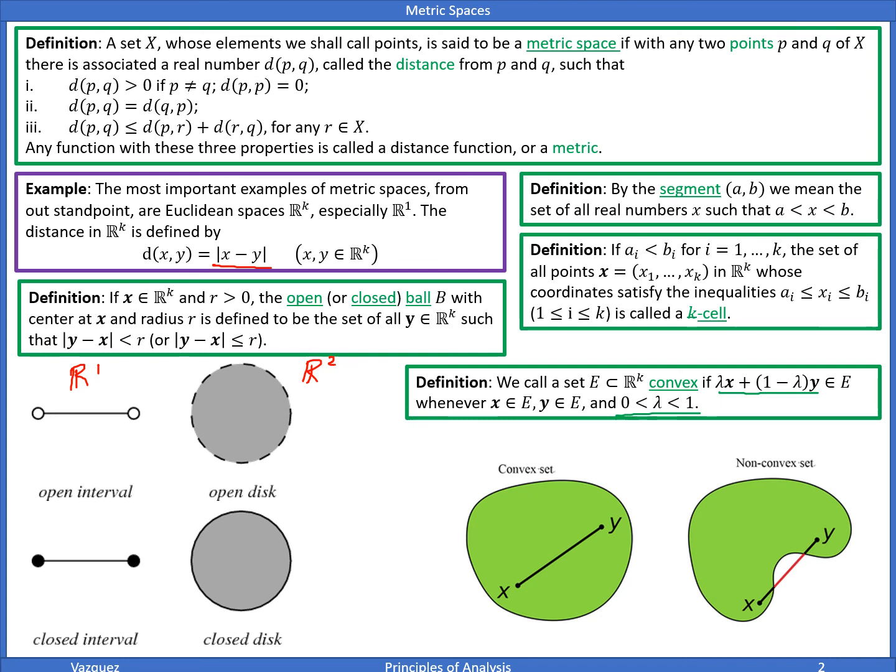The reason this one isn't convex is because that line is outside of the set. So here, in the convex set, no matter where you draw a line, the line will be contained in the set. And this is actually how you define it rigorously.